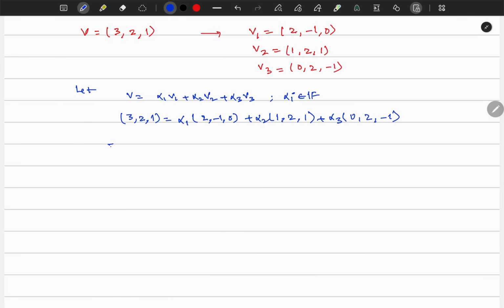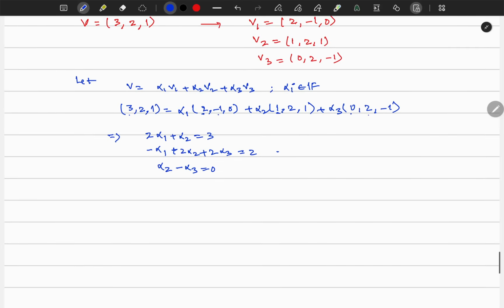Or you can write the system first: 2 alpha 1 plus alpha 2 is equal to 3. Similarly, minus alpha 1 plus 2 alpha 2 plus 2 alpha 3 is equal to 2, and similarly alpha 2 minus alpha 3 is equal to 0. This is your first coordinate, 2 alpha 1 plus alpha 2, that is your 3, and this way.